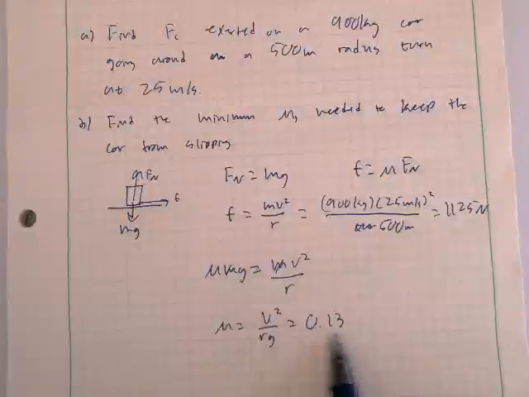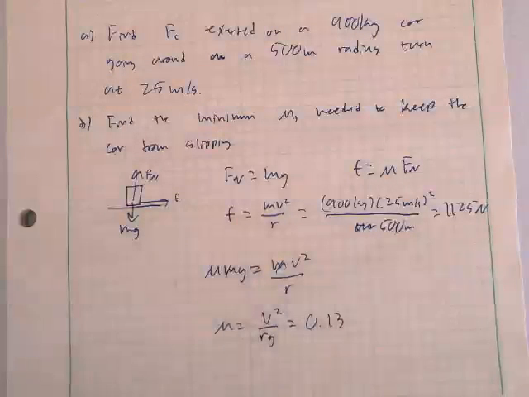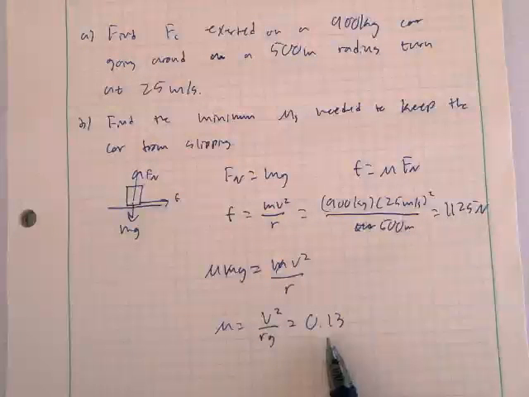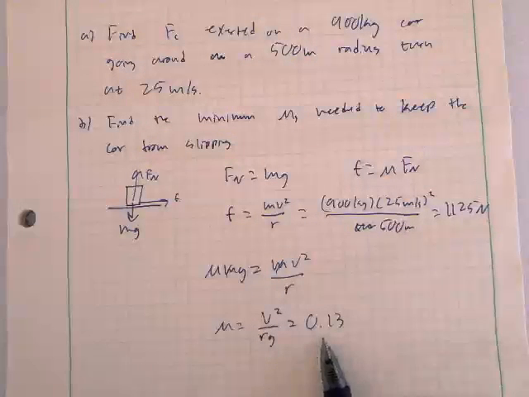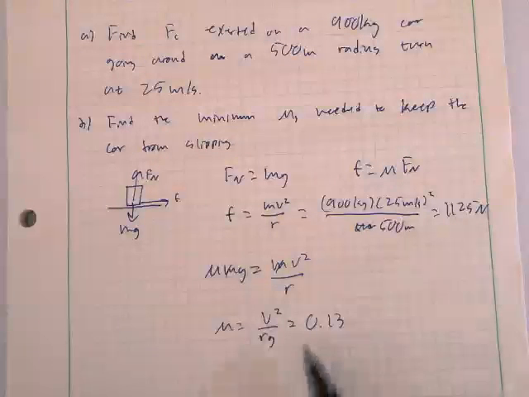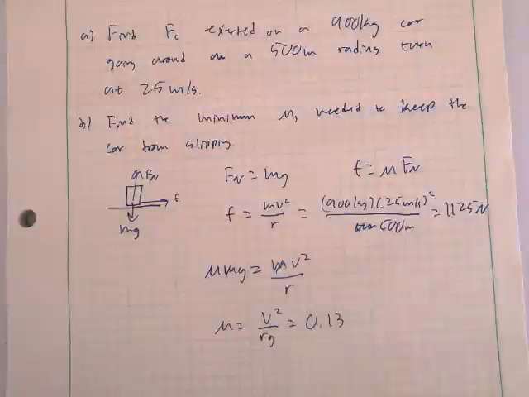So either way, even if it's raining outside, we should still be able to go around this turn at this speed, right? So what we're saying again, this is the minimum coefficient of static friction necessary. Obviously, if the coefficient of friction between the tires and the road is higher than this, then we'll be fine, right? If it's able to exert a stronger force, it doesn't necessarily mean that it will. But anything higher than this will still get us around.